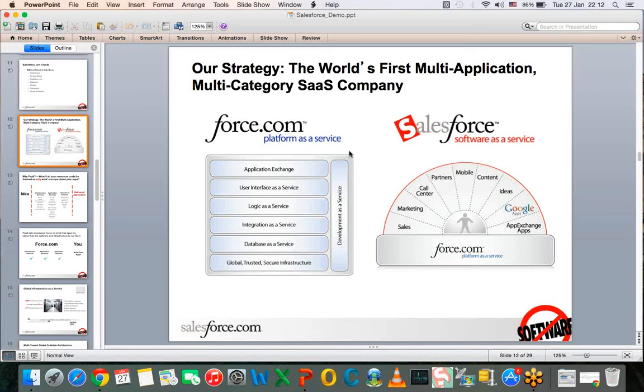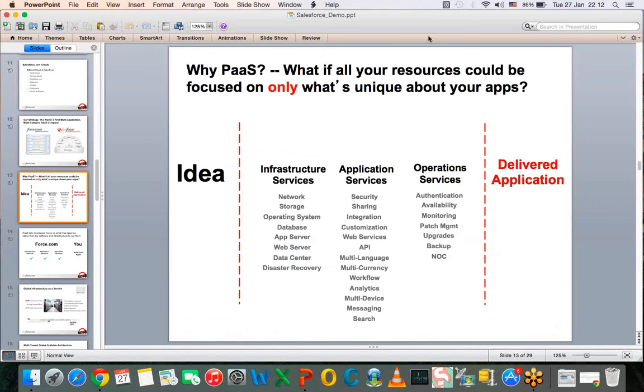When it comes to other techniques, you probably need to worry about all these infrastructure, applications and operation services. Whereas Force.com, a platform as a service, offers you a platform to develop whatever applications you would like to, wherein you are not worried about the infrastructure, application services, or any operating services.